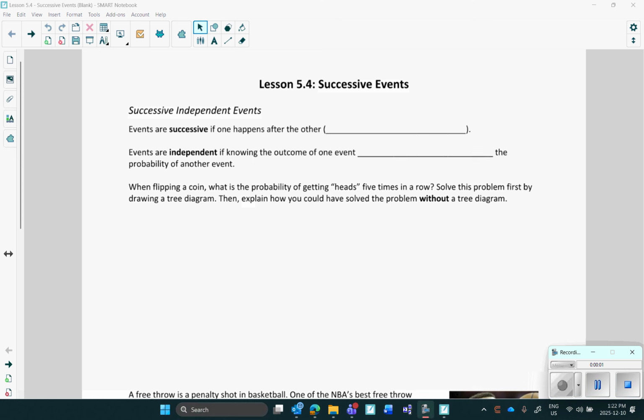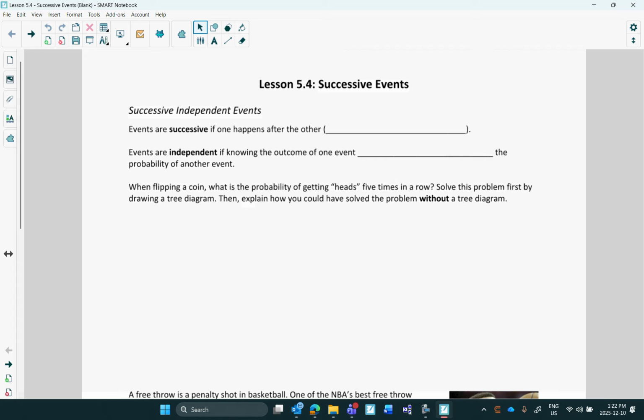This lesson kind of wraps up all the probability rules we're going to be using. The main ones we focused on were simple probability, how to find the probability of something not happening, or the complement, and how to find the probability of one event or another happening.